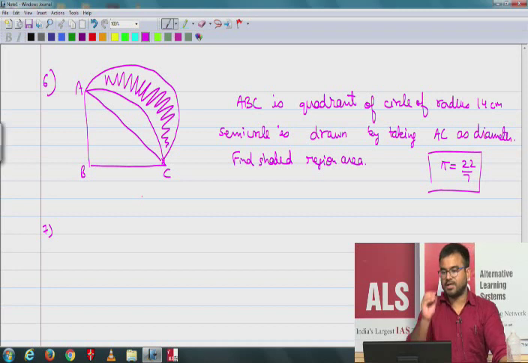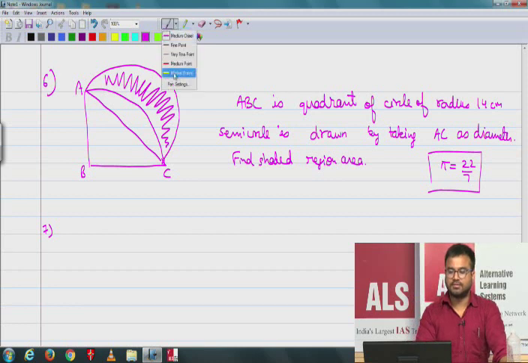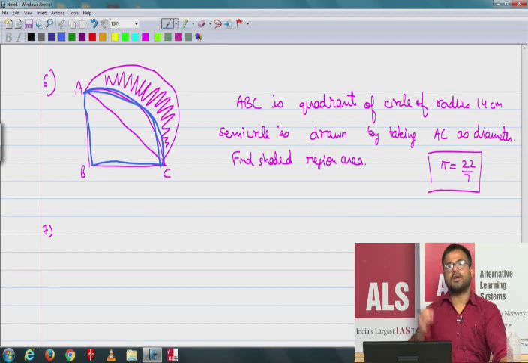See, first of all, you have to see that ABC is a quadrant of a circle. So this region, this ABC, a quadrant of a circle, means this is the quadrant. So how can you figure out the area for the shaded region? Just find the area for the triangle ABC, area for the semicircle.